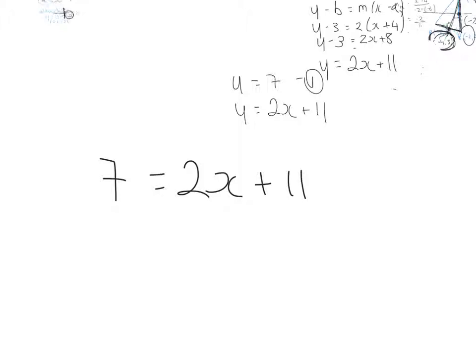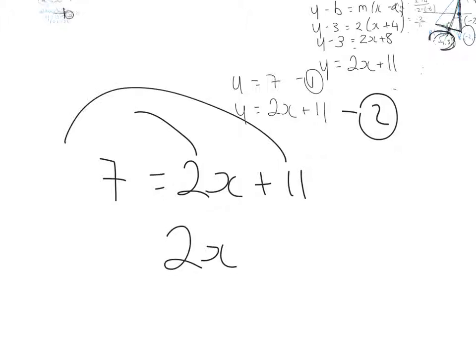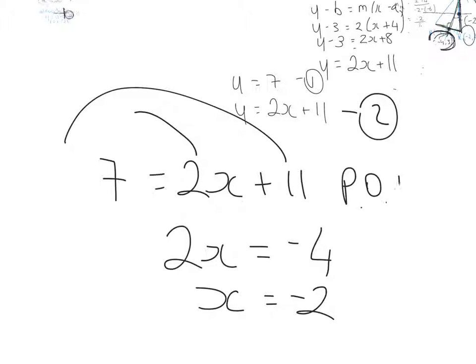So that's by subbing equation 1 into equation 2. 2x would then be equal to 7 minus 11, which is -4, and x is equal to -4 over 2, which is -2. The point of intersection then is given by x equals -2, and I don't need to check for the y coordinate because I already know that is equal to 7.